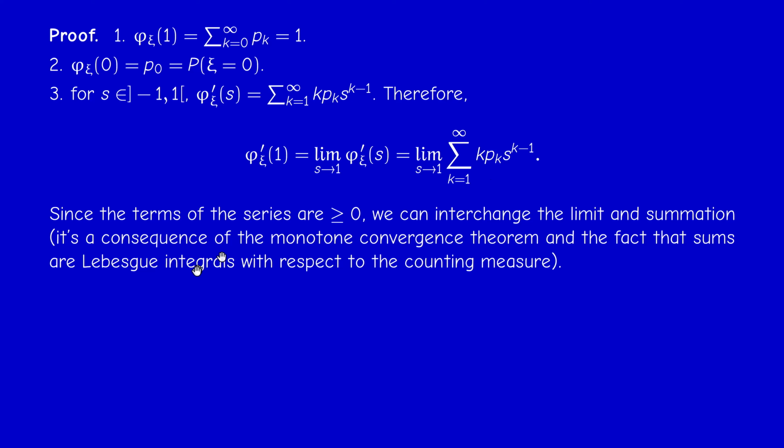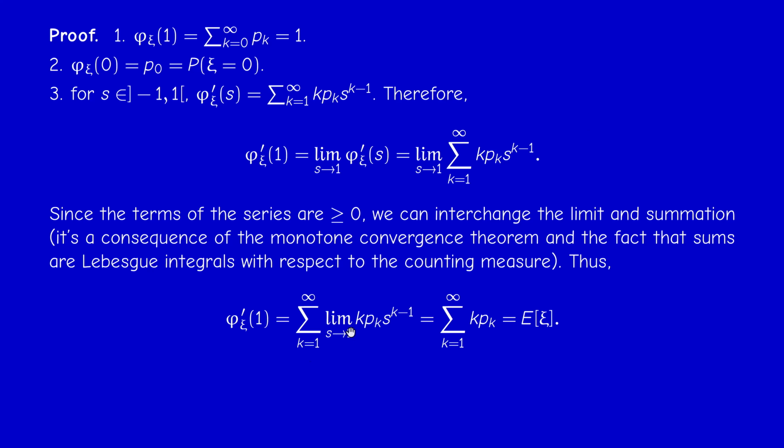So there's a corollary of the monotone convergence theorem that you studied in measure theory that tells you that we can interchange limit and summation, or limit and integral. Okay? So the limit of the sum is sum of the limits. Okay? And the sum of the limits is just k pk. And this is precisely the expectation of xi. Now, this expectation could be plus infinity, because I only have the convergence of sigma of pk, but I don't know if the series of general term k pk is convergent.